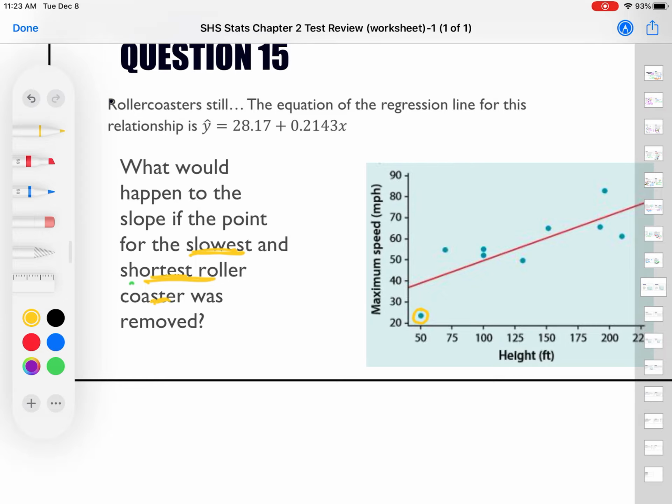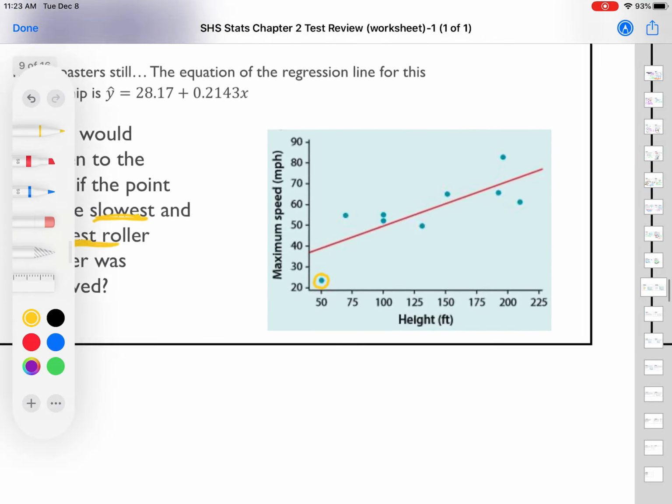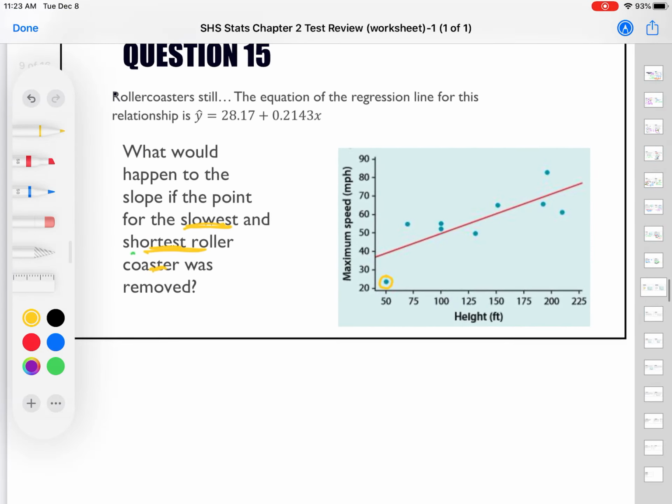So what would happen to that point? I think our data would become flatter. So I think the y-intercept would go up. And I think the slope would actually decrease near 0.